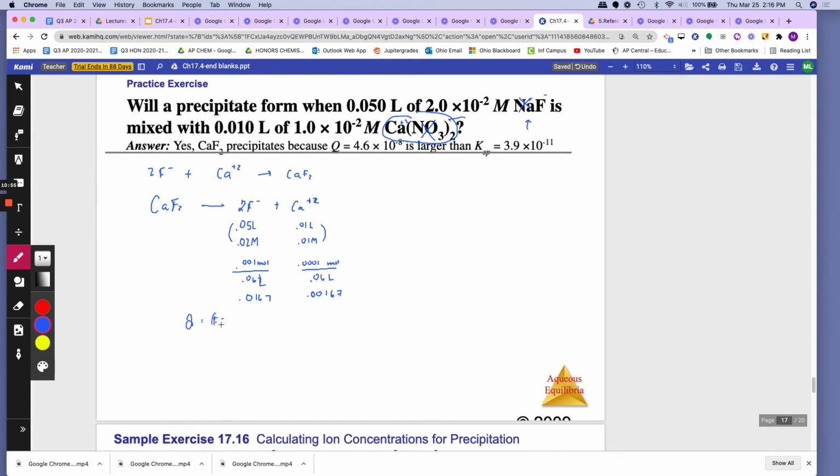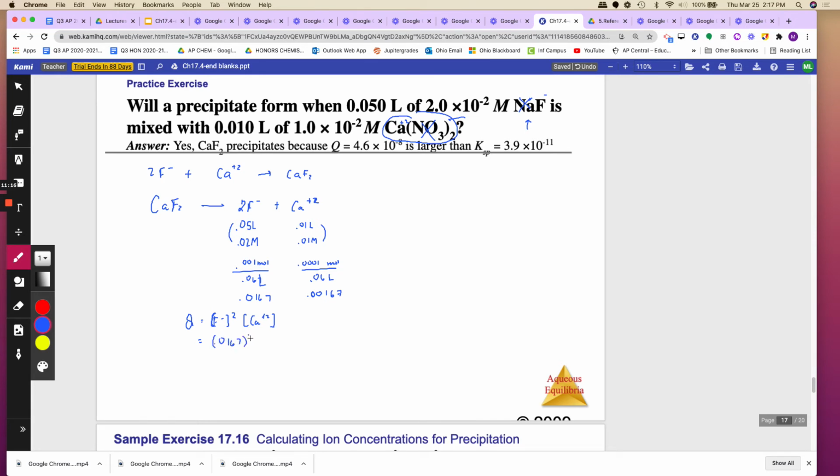Okay, so Q is equal to F minus squared, molarity squared, times Ca plus 2. I don't know how I mixed those up. So F minus is 0.0167.